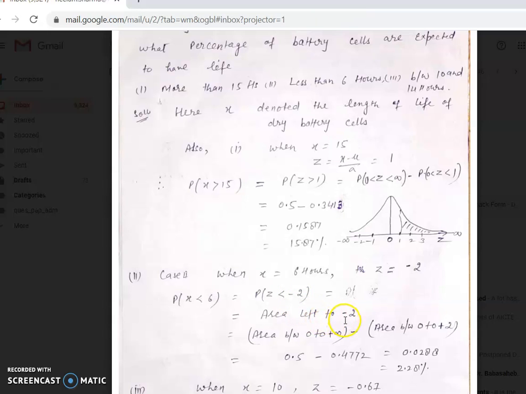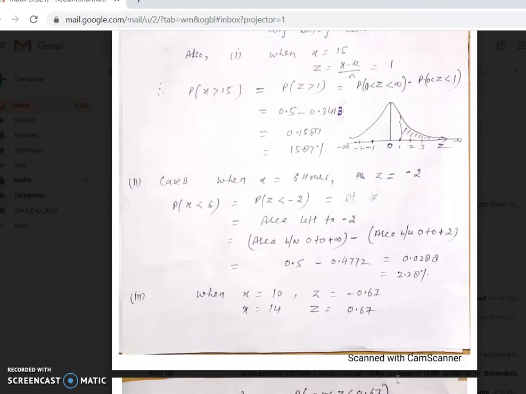This is to the left of minus 2, and we can find it as the area between 0 and infinity minus the area between 0 and 2. The area between 0 and infinity is 0.5 and the area between 0 and 2 is 0.4772, which you can see with the help of the normal distribution table. This value is 0.0228. This is 2.28%.